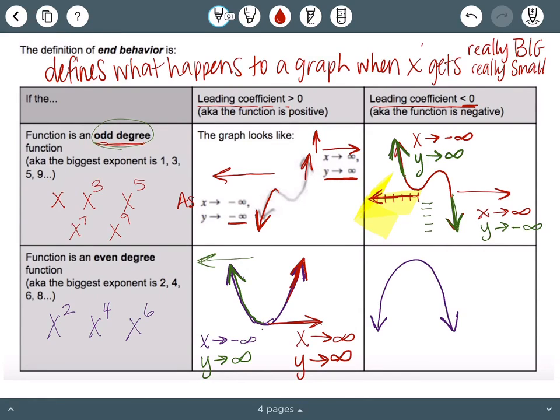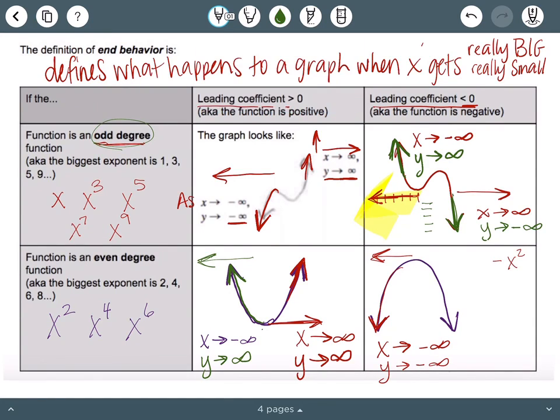Okay, when we look at our last one here, this is our negative x squared. Right, our x's are going to negative infinity, so we're headed in this direction. What's happening to our graph is it's going down. So that means y is also headed to negative infinity because it's going down.